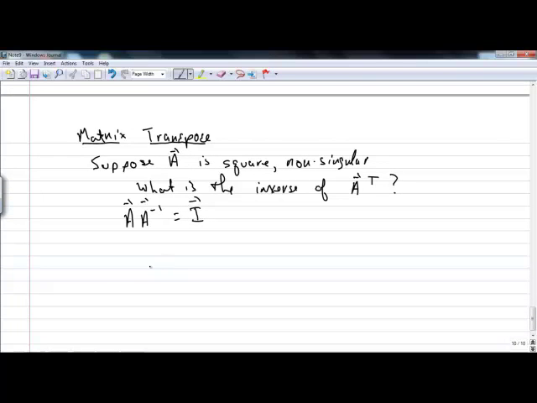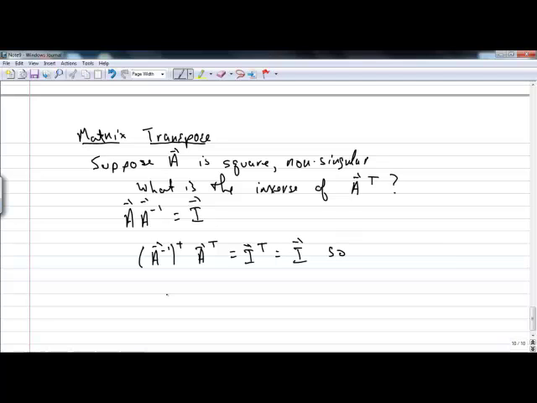So A inverse transpose times A transpose would be equal to the identity matrix transposed, which is equal to the identity matrix.